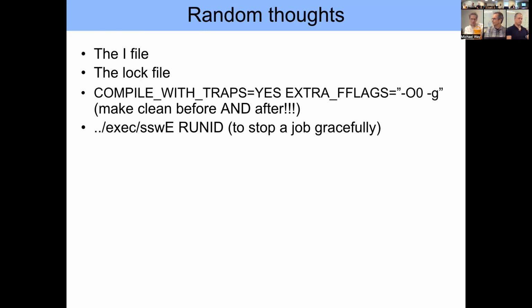So it looks for ending dates, and it looks at the date of the I file, and it assumes that if the I file was not modified, so it has an old timestamp, then the run has finished and you didn't decide to continue by changing the end date. That's why the model would not start, but it will tell you that you have to modify the I file or touch it.